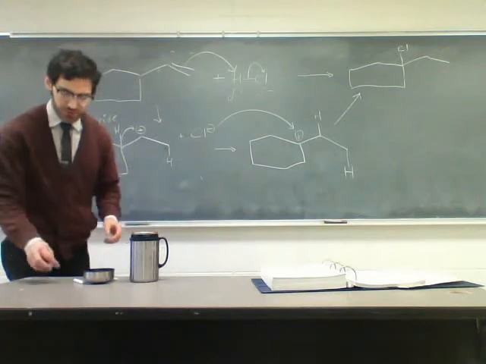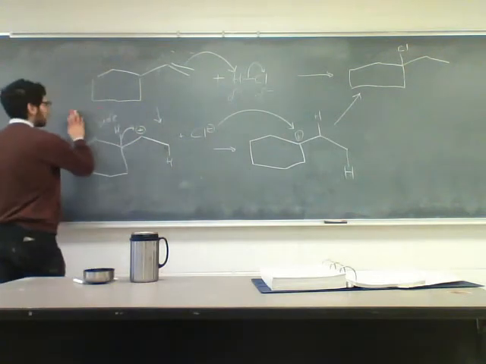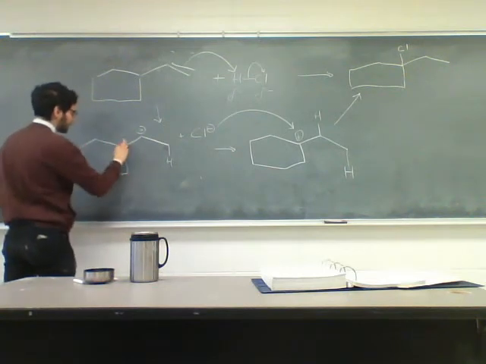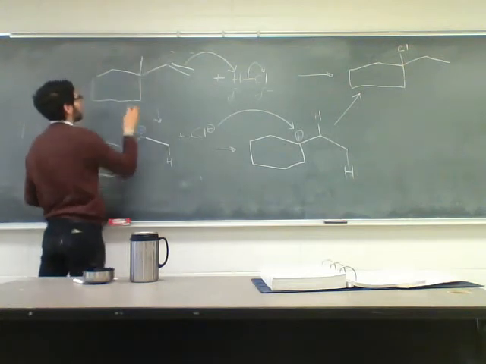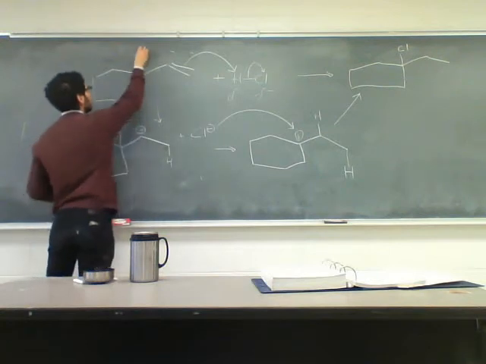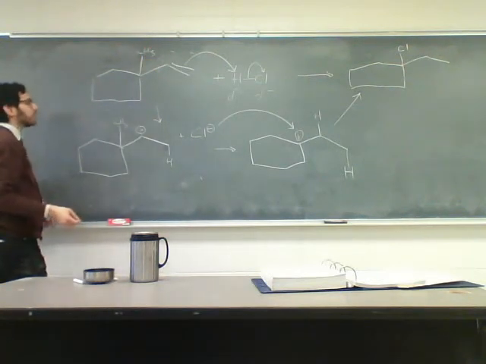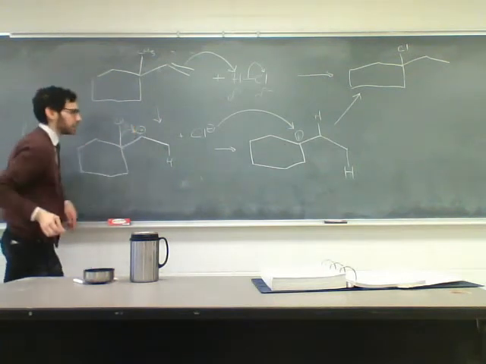Let's tweak this a little bit real quickly. So if we didn't want to have a hydride shift, if we wanted to just show a methyl shift instead, if we had a methyl group here, a CH3, we can observe a similar phenomenon where this whole group moves to the carbocation.